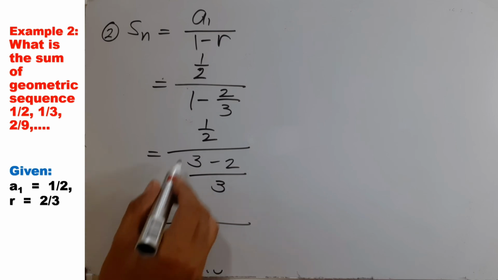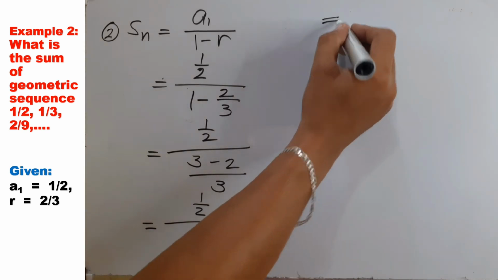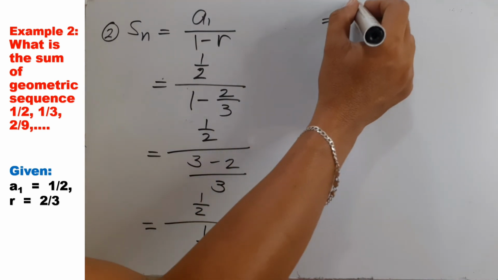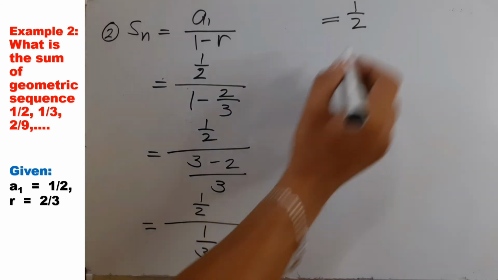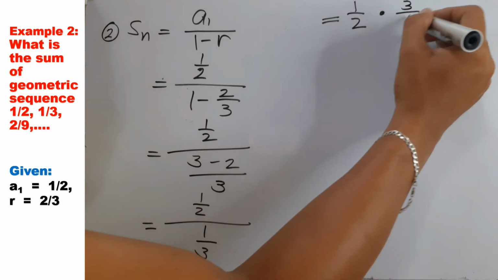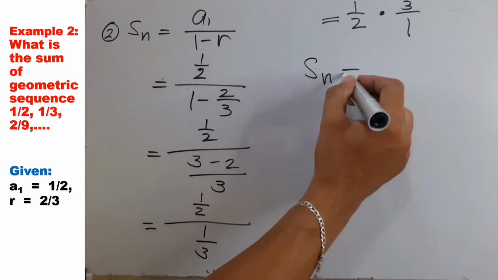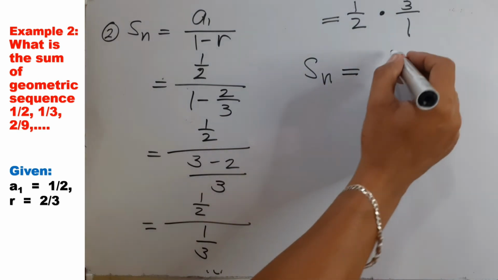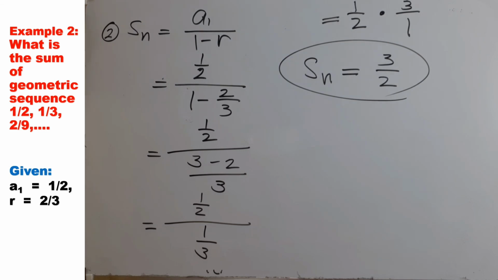Again, copy 1/2. 3 minus 2 is 1, so 1/3. Again, to divide fractions, copy 1/2, the dividend. From division, proceed to multiplication, get the reciprocal, which is 3 over 1. So we have the sum of the infinite sequence, 3 times 1/2.